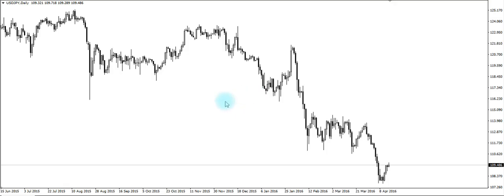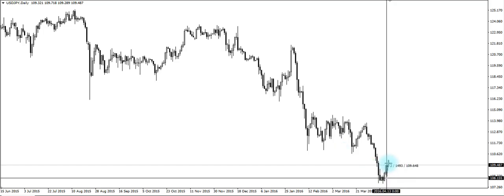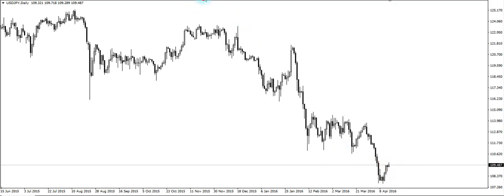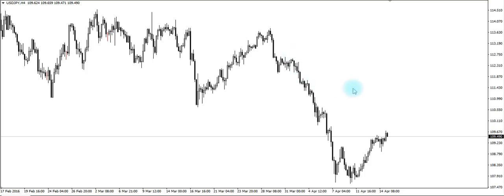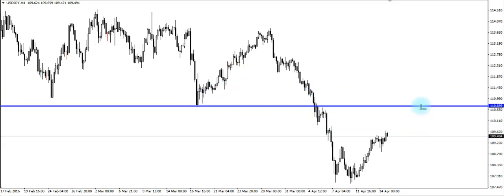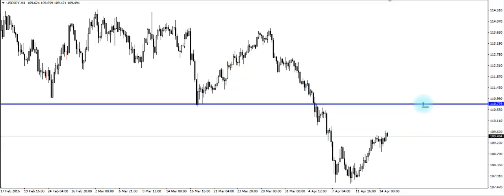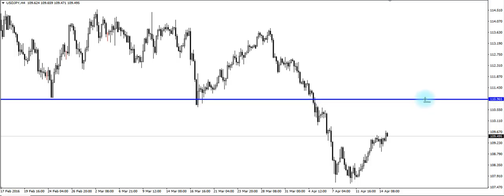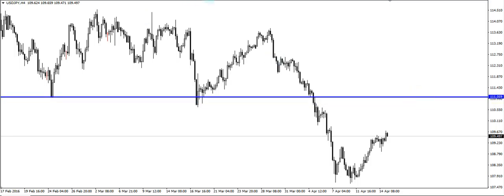Right, so in the day chart itself, we've seen that the price has gained and retraced significantly, but this is also expected to gain further till it reaches the key support turned resistance level at the price of 111. Right, so here it is.